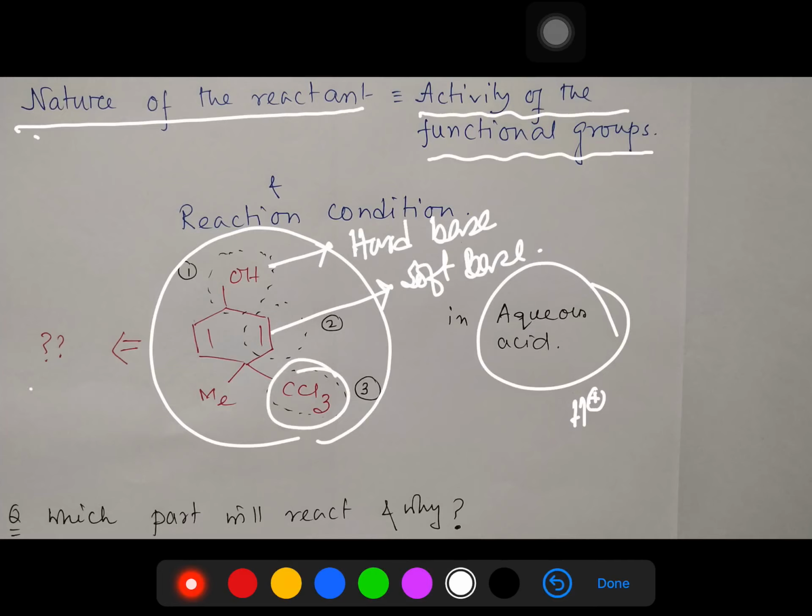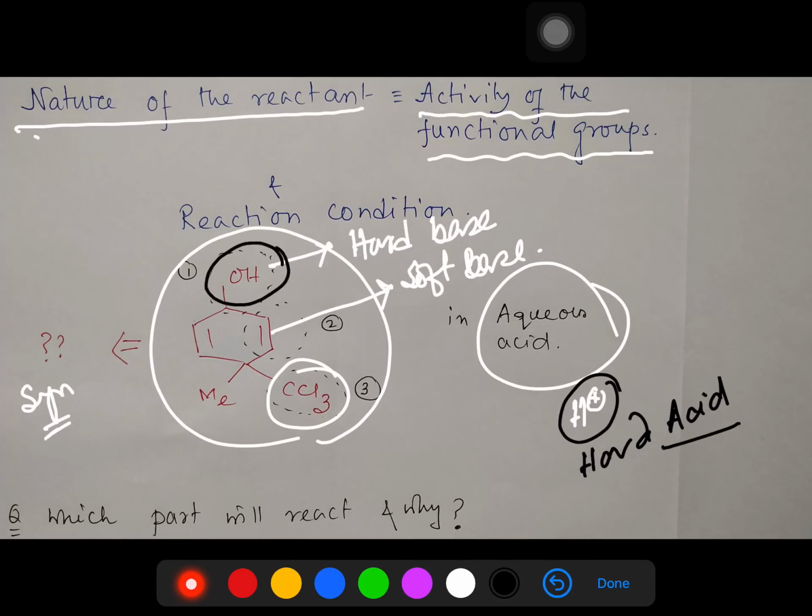How can you synthesize such an interesting molecule? I shall discuss this part briefly at the end of this discussion. From this understanding, since proton is a hard acid, it should react logically with the hard base, that is hydroxyl.